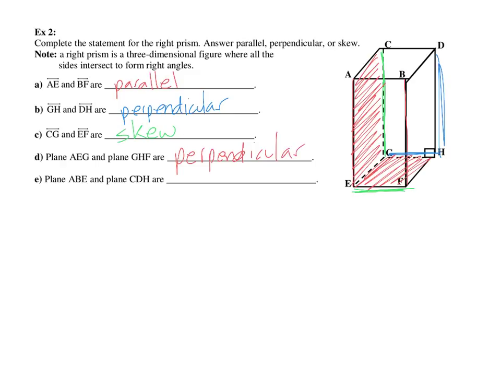Then you have plane ABE. That's the plane in the front here. Actually, let me get rid of all this color here so you can see exactly what's going on.